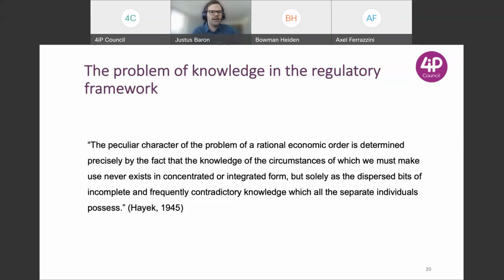It's assumed away, or people don't take it as seriously as we have tried to take it. And in our understanding, it is actually the most fundamental, the most central element of a rational economic order. That is that there is information that is needed for the definition of sensible regulatory actions, which is not centrally held, but is held by a lot of different parties and actors, which each hold incomplete and frequently contradictory bits and pieces of that information.